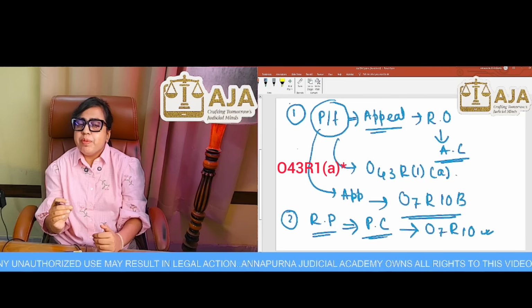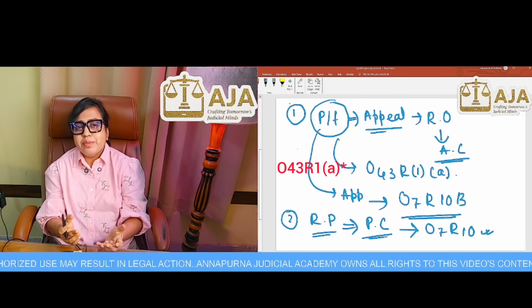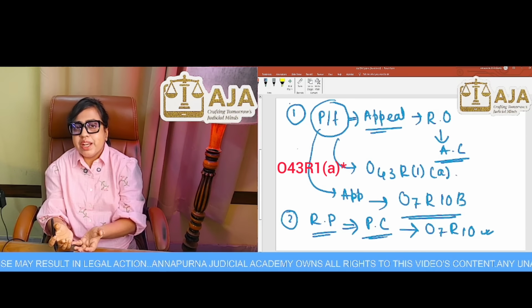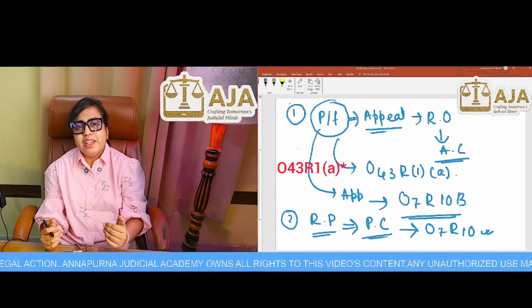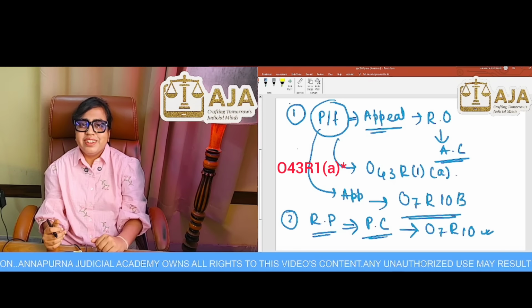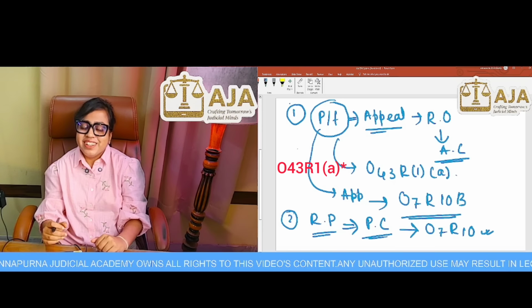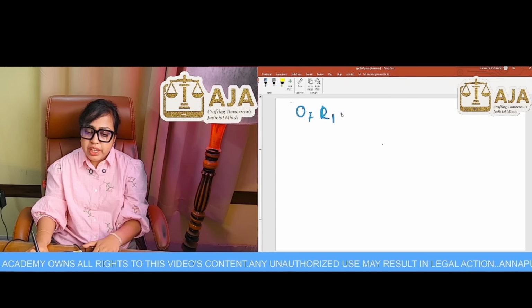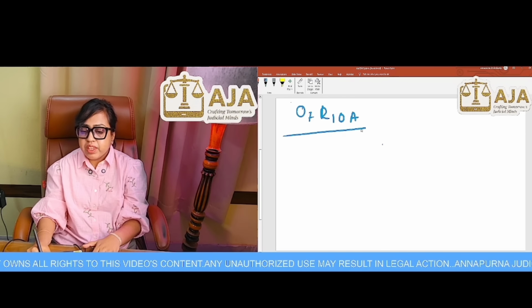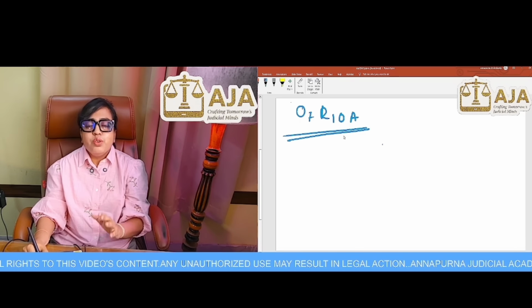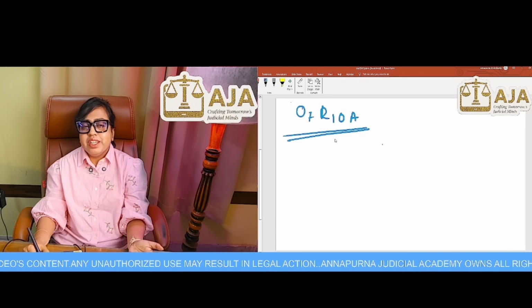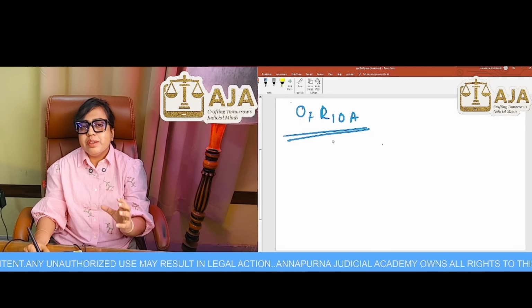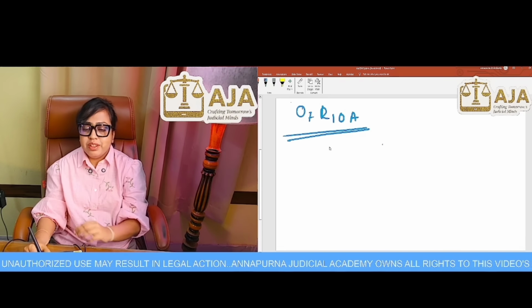He can apply there that please fix a date of appearance for both me and the defendant in the proper court. This is covered under Order 7, Rule 10A. Who will suggest to the trial court which is the proper court?